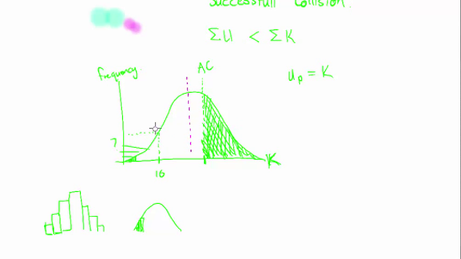This whole graph will shift, because every molecule that used to be here will now move a little bit there. So this whole graph will now move up a little bit. Did the activated complex move? No. The activated complex is how much energy I need for the bonds to break. I still need the same amount of energy.